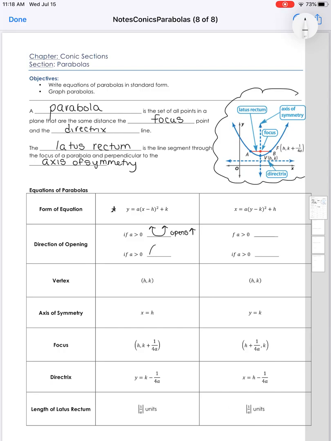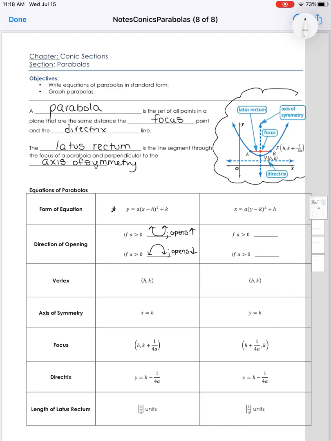A bunch of important things to note. If a is greater than 0, or positive, then the parabola is going to open up. So you can draw a picture or just note that it's going to open up. If a is less than 0, then it's going to open down, or you can write opens down. Whatever way helps you understand what direction.